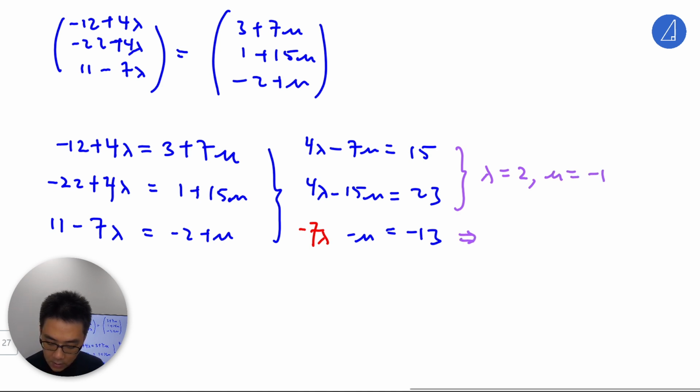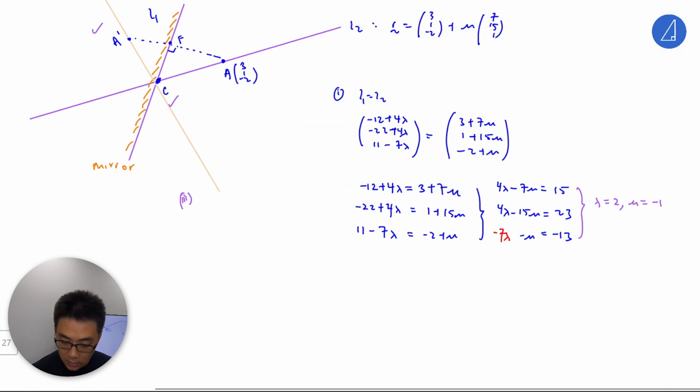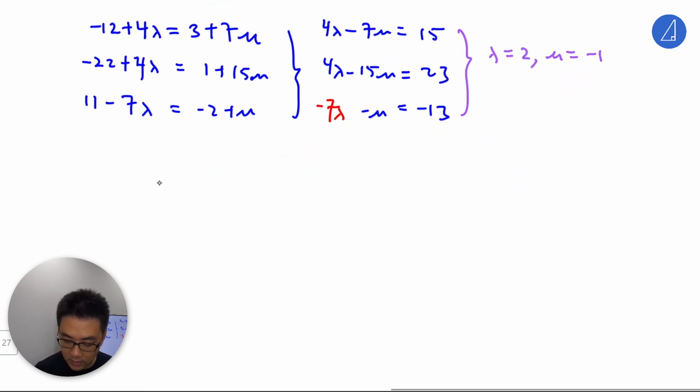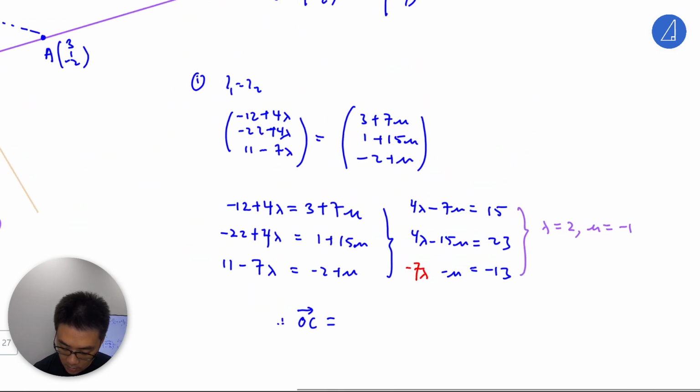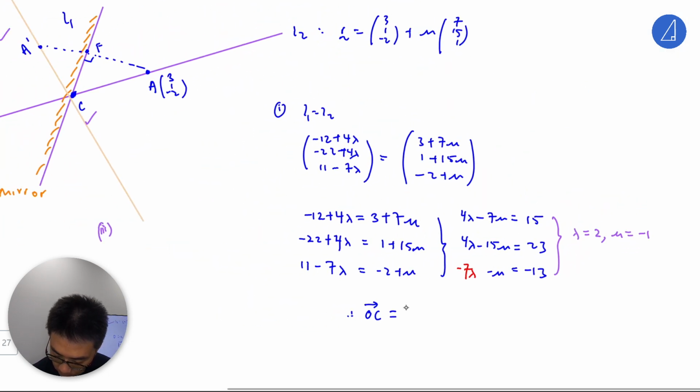Does it satisfy? Satisfy, right? Guys, it does satisfy. So OC is where they intersect, hence just substitute back into the equation.